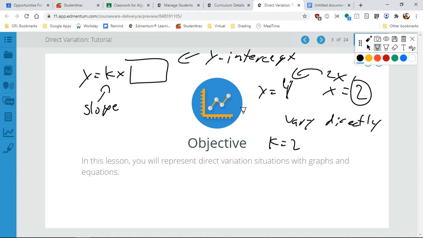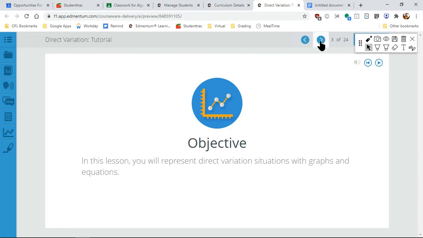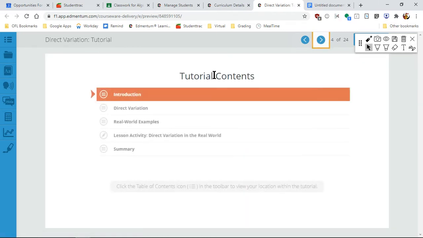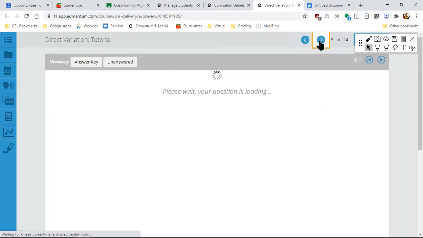So that's all we're doing with direct variation. We just have a slope. We don't have an intercept. So that's all we're doing for this lesson. Like I said, this one should have been done before lines, but for some reason they decided to do it later.